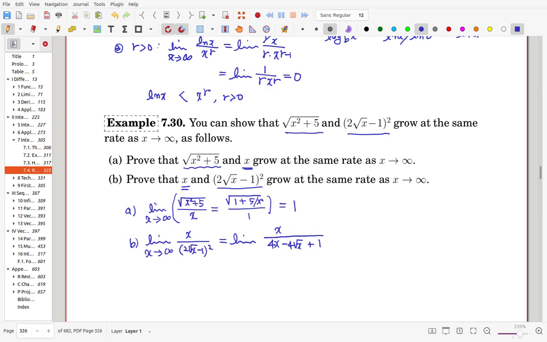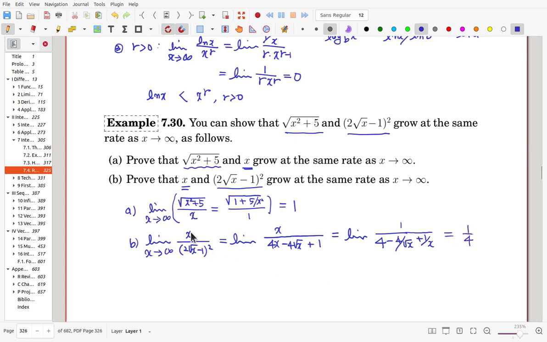We can divide both top and bottom by x. Then top is 1 and bottom is 4 minus 4 over square root of x plus 1 over x. As x approaches infinity, the top must be 1, and the value must be 1/4.